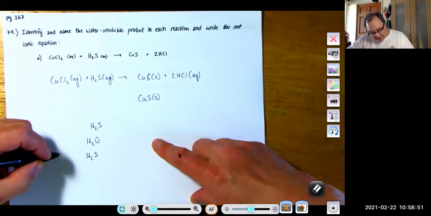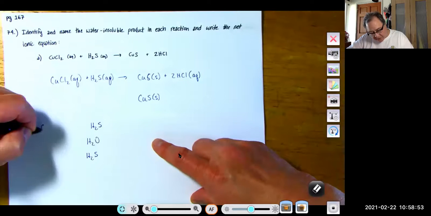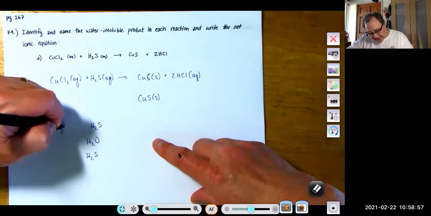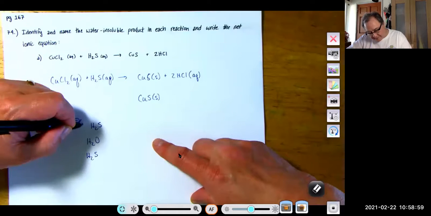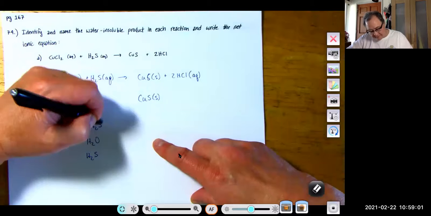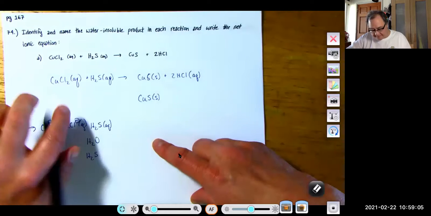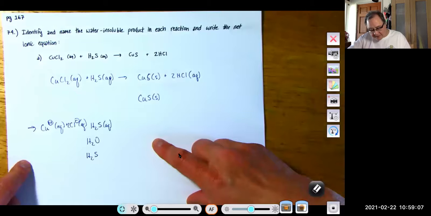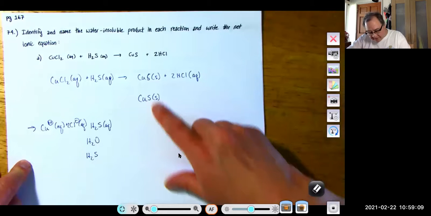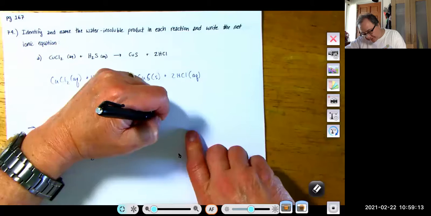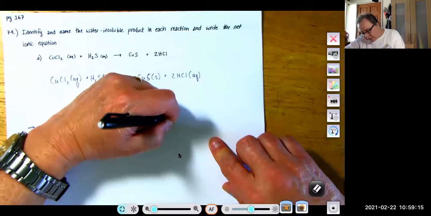Now this is aqueous, so you've got copper 2 plus aqueous and Cl minus aqueous, and there's two of them. So this is what we have for this guy right here. And for this guy, we've already brought it down. This is a strong acid, so you've got 2 H pluses and 2 chlorides.